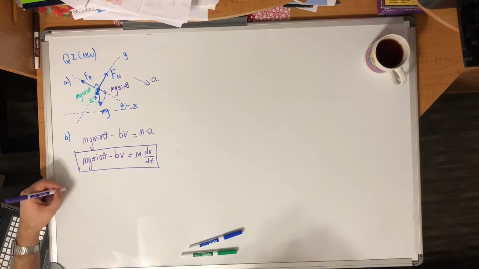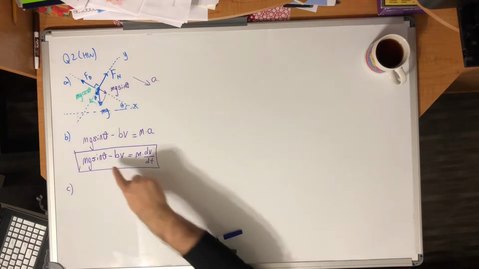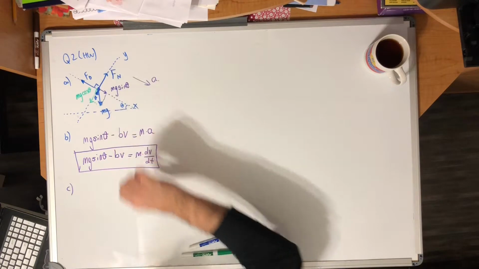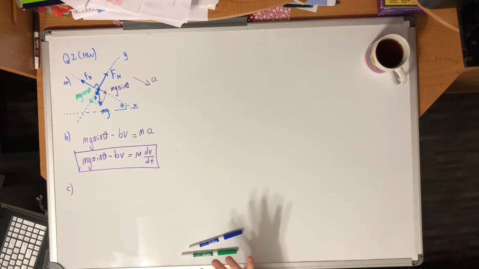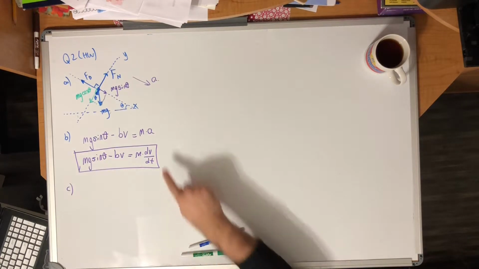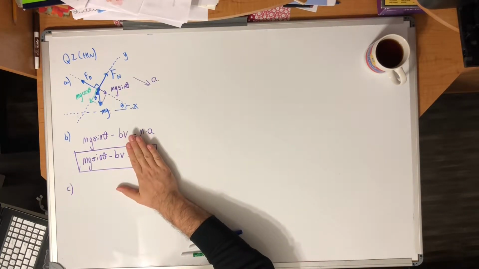And in part C, they are asking for terminal velocity. And again, let's remember the meaning of terminal velocity. Terminal velocity is when those two forces, this mg sine theta and this drag force, are equal to one another, or in the other way of saying, acceleration is 0. So if this is 0, then mg sine theta minus bv equals 0.